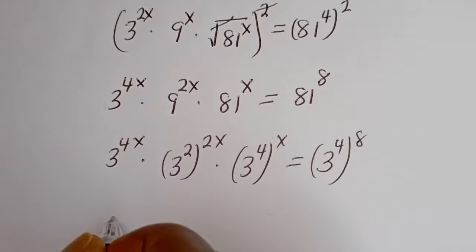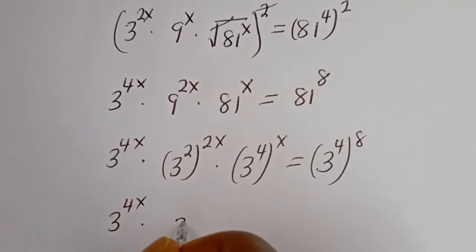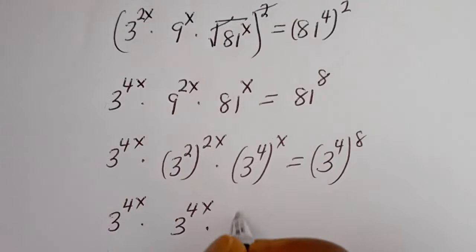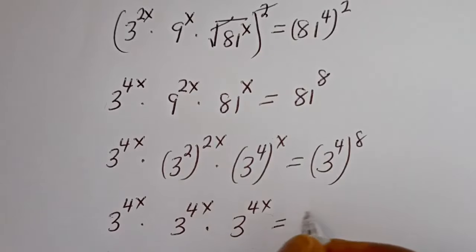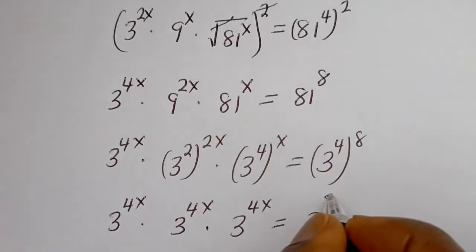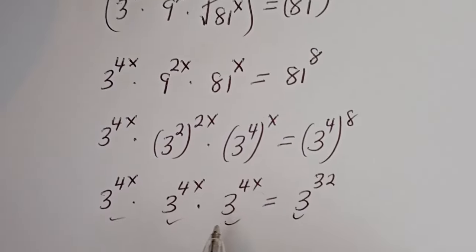Then this is 3 to the power of 4x multiplied by 3 to the power of 2 times 2x, that is 4x, multiplied by 3 to the power of 4 times x, that is 4x, is equal to 3 to the power of 4 times 8, that is 32. We have the same base 3, so we consider the exponent.